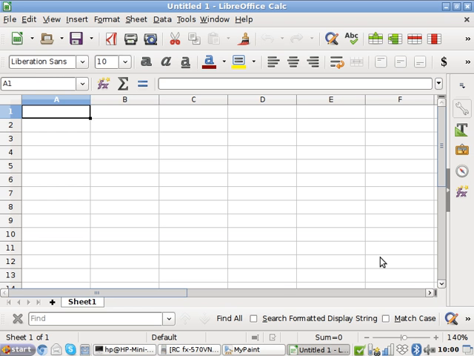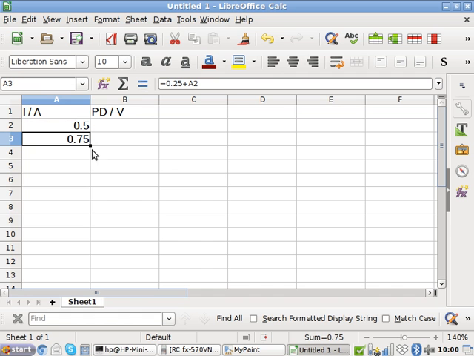So the I will be first, that is on the x-axis, and the voltage, the potential difference, in volts. So the I starts from 0.25 and goes up in 0.25 until 2.75.